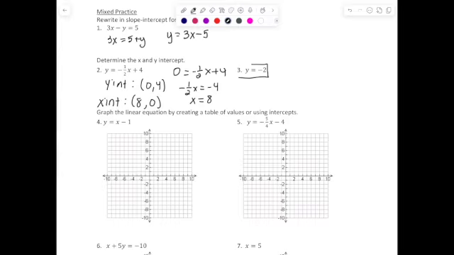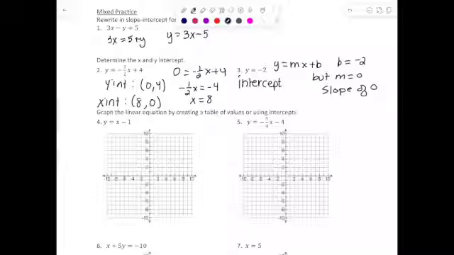All right, this one's a little tricky. y equals negative 2, intercept. This is technically y equals mx plus b, right? Where b equals negative 2, but m equals 0, slope of 0.